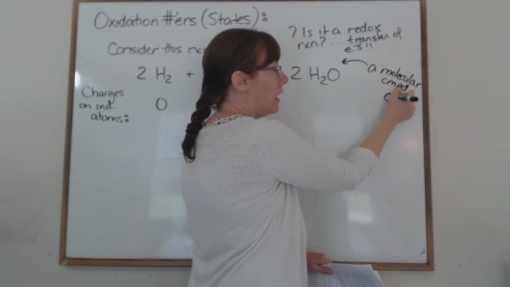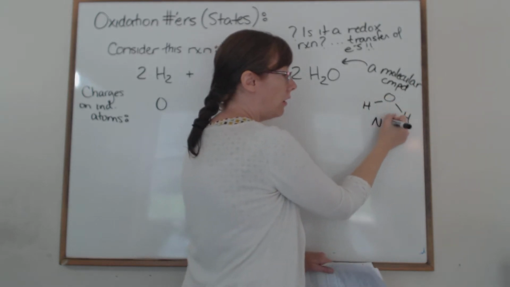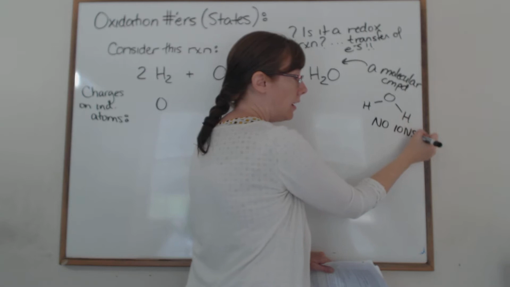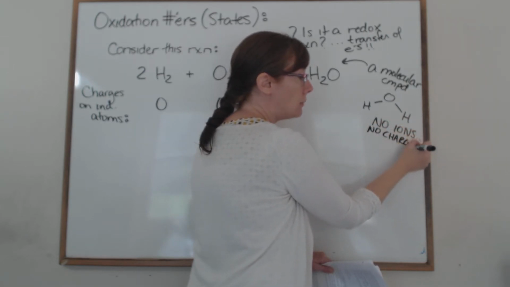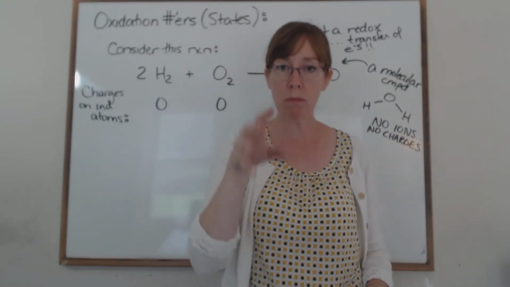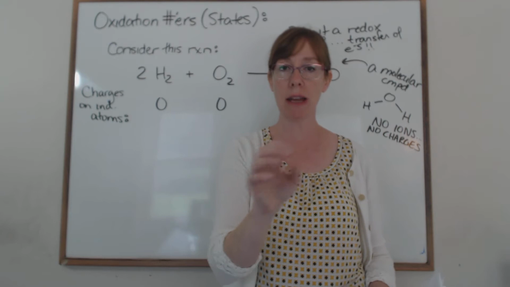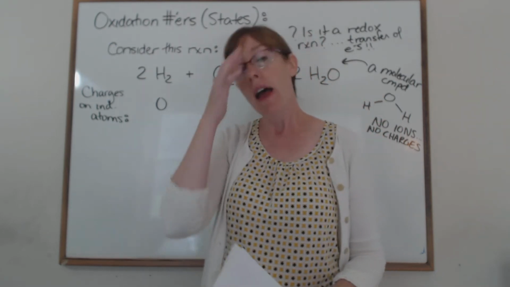As you know, it has covalent bonds. There are no ions, and therefore there are no charges. Now I know I talked about partial charges and all that, but we're talking about a full charge: is it 1+, is it 2+, is it 1-, is it 2-? There are no ions in this molecule because it's not an ionic compound.